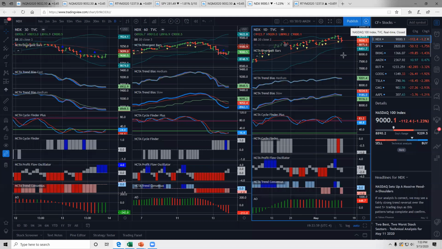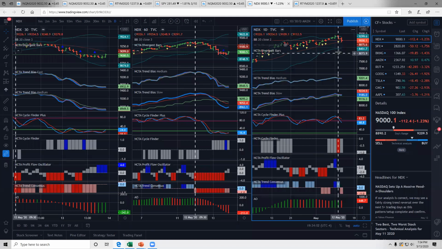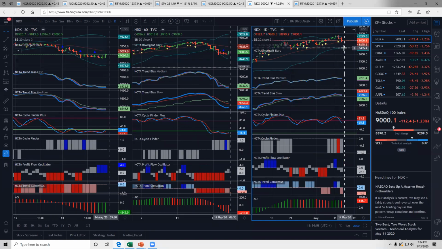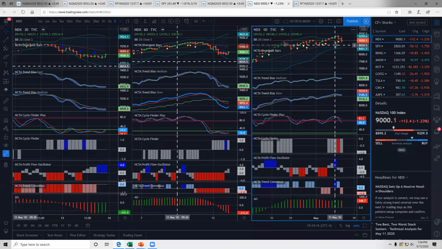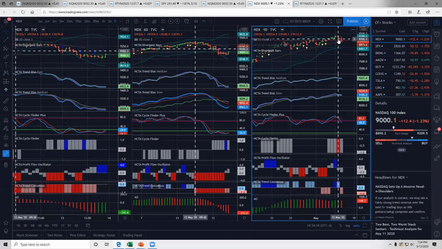So one of the ones that I noticed today is NDX on the daily chart, which had a divergent bar yesterday. A bearish divergent bar is where the high of that day's bar was higher than the prior day, but the close of that day's bar is in the bottom 50% of the day's range.